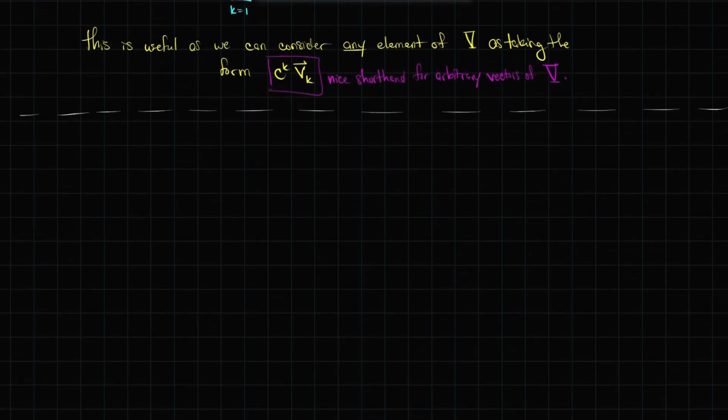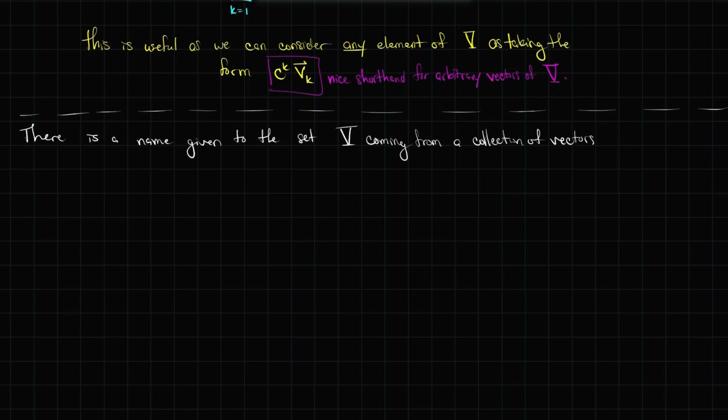There's also one name given to the set V coming from a collection of vectors. If this is my sequence of vectors, this name is called the span.